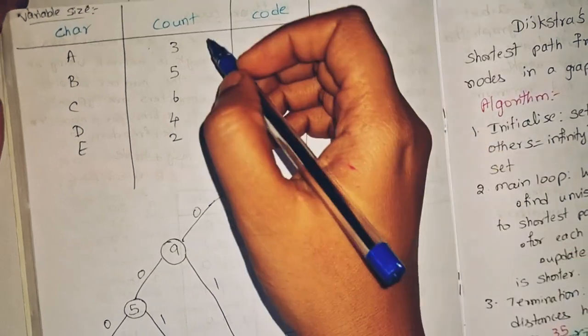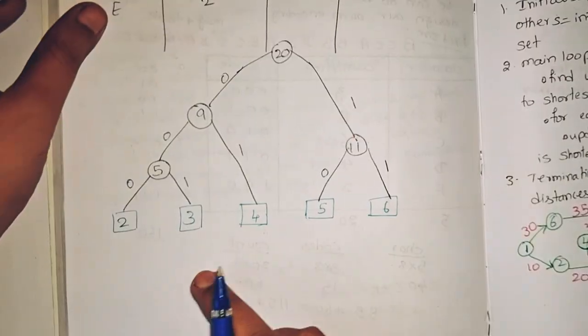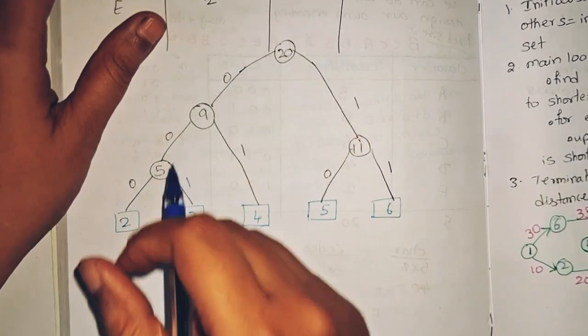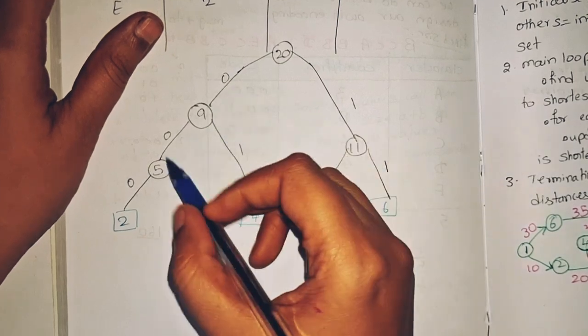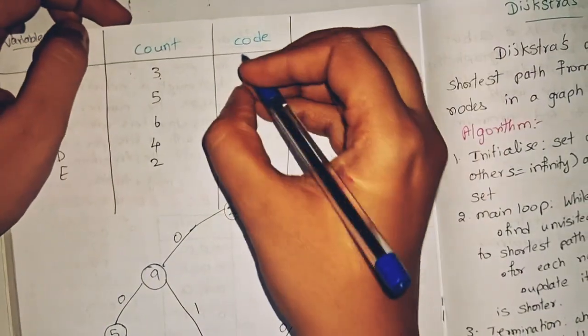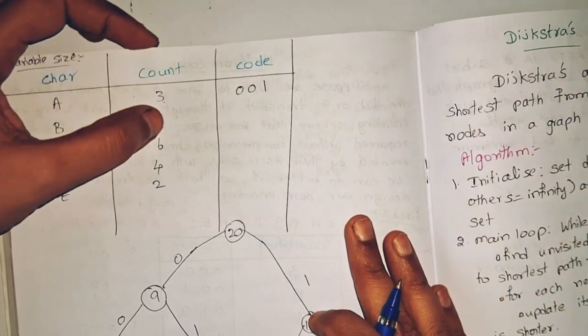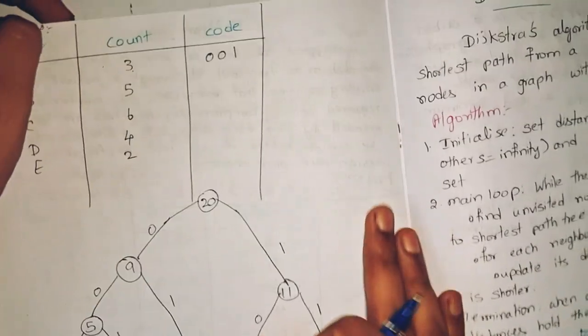Here I want to code the count value 3. So we have to trace it from the top down. 0, 0, 1 is the code of 3. And for 5, it is 1, 0.